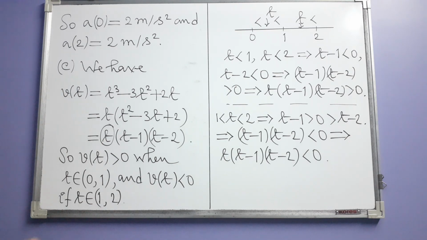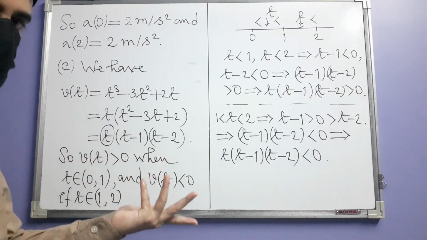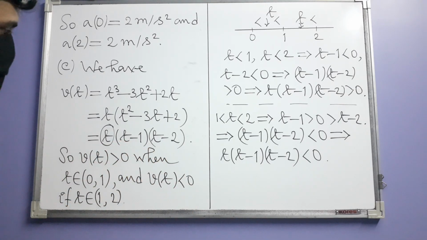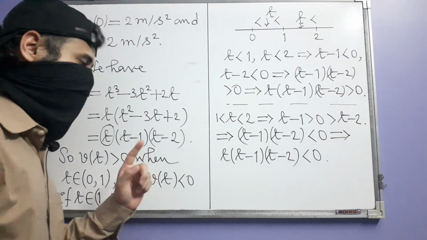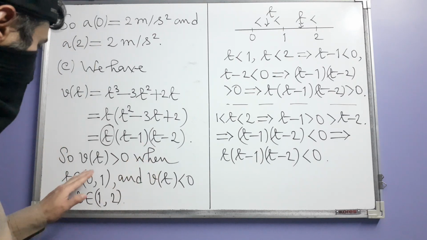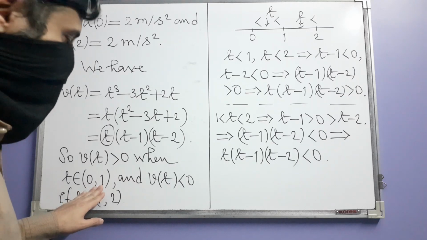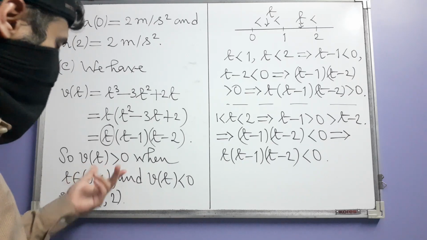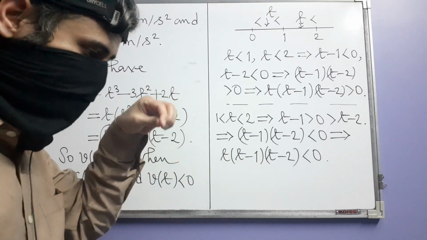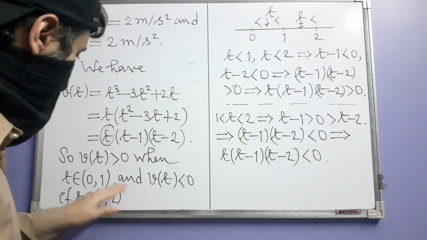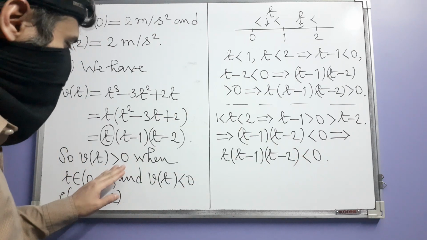If you are wondering what happens when t is equal to 1, well, in that case v is 0. So the body really does change direction. In this interval, when time was between 0 second and 1 second, the body was moving away from the origin on the coordinate line. That's why its velocity was positive.